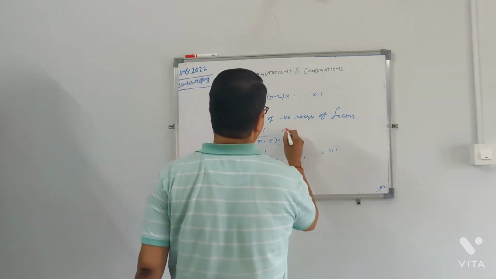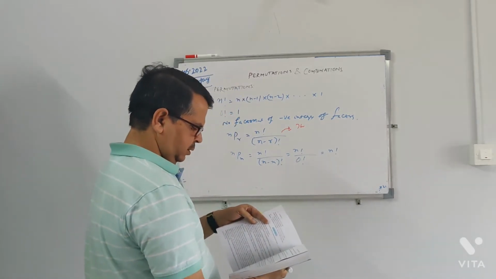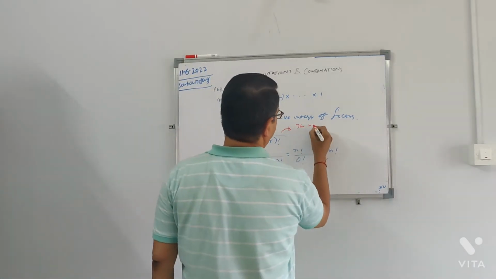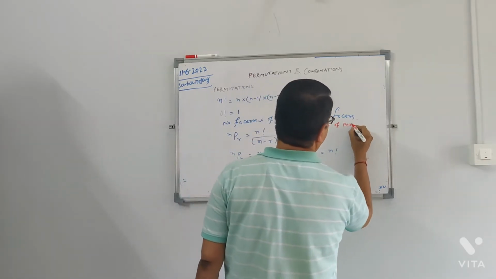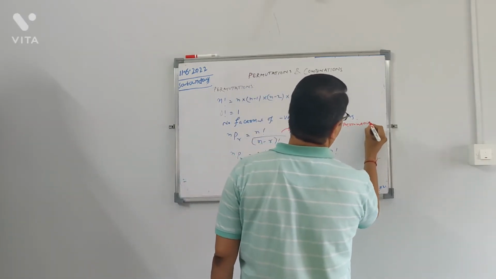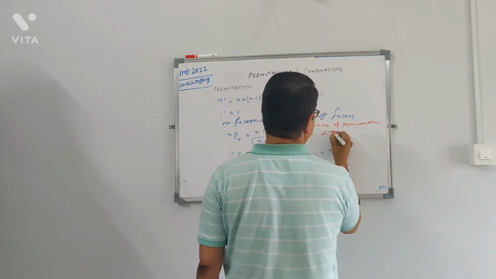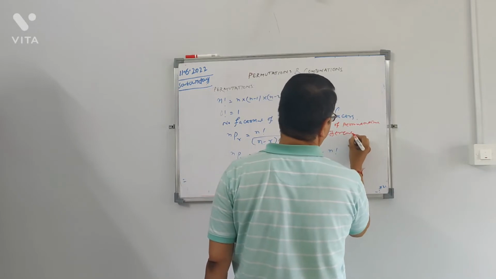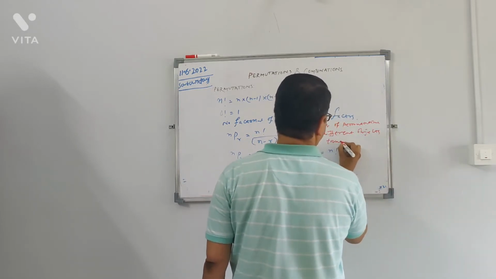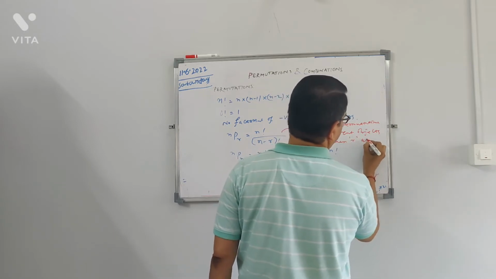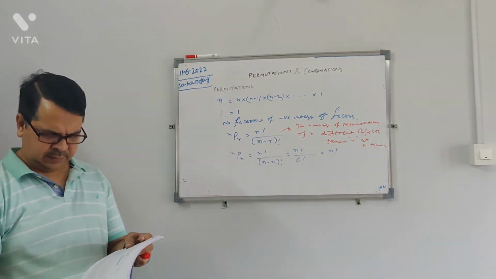This means the number of permutations or arrangements of n different objects taken r at a time. That is called permutation.